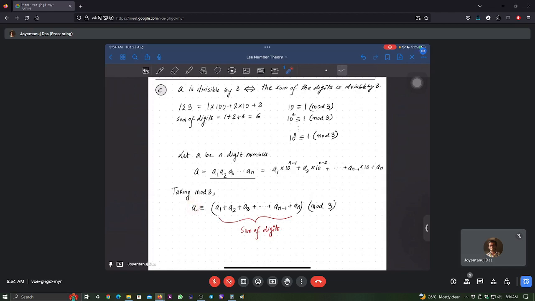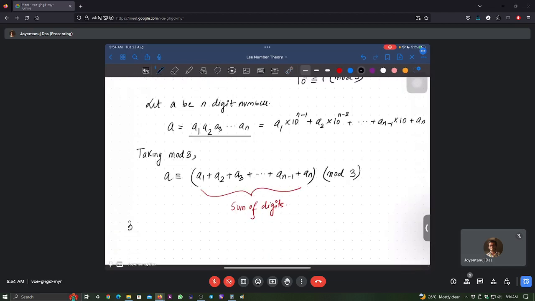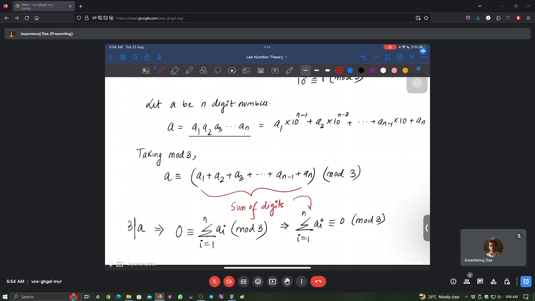So 3 divides A implies 0 is congruent to the sum of a i, which I'll write in summation notation, modulo 3. I can just move the sides. So this implies the sum of the digits is congruent to 0 mod 3, so it is divisible by 3, right?